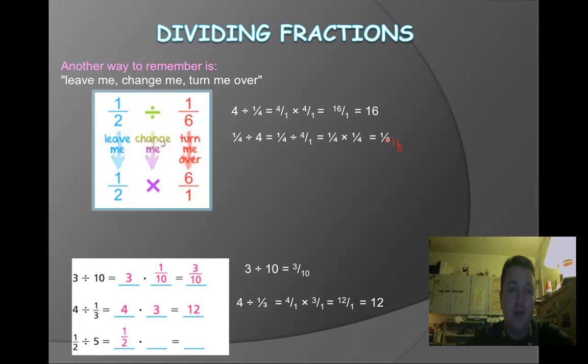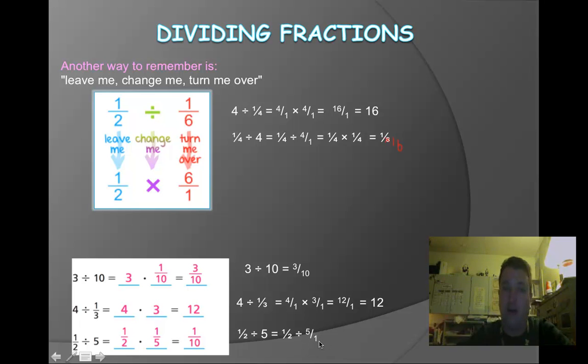Okay? Next problem here. 1/2 divided by 5 is the same as saying 1/2 times 1/5, which equals 1/10. Again, I'll show you it over here, moving that fraction through there. 1/2 divided by 5 is the same as 1/2 divided by 5 over 1.